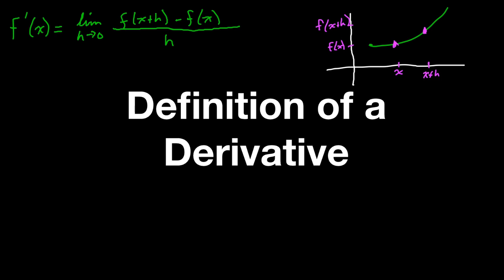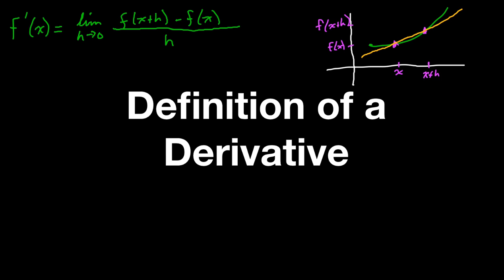So h is the distance between these 2 points. And if you were to graph a secant line, it would go through those 2 points.